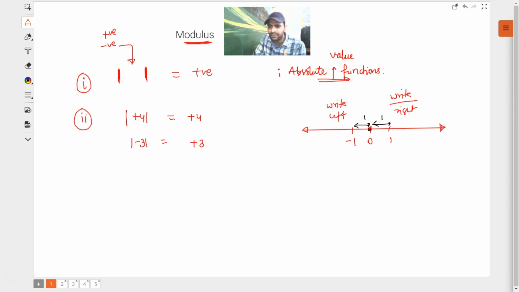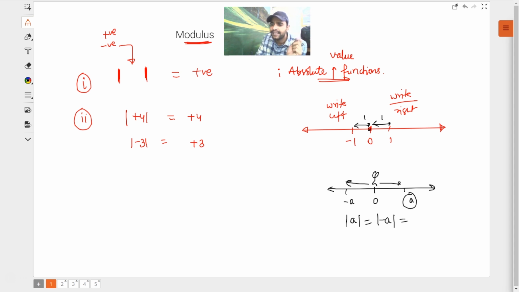So if I take any value, let's say A, to the right of the origin, then at A units to the left of the origin I'll get -A. Whatever I put into modulus, whether A or -A, what I get is the positive number A only, right or not?